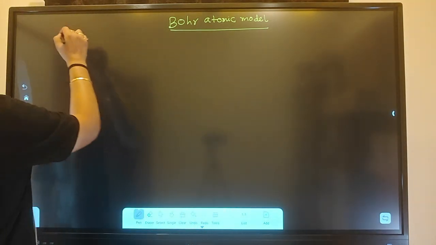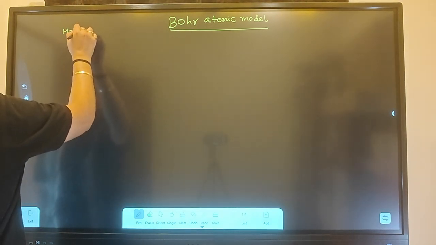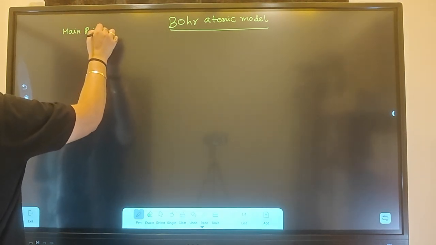The main points of the Bohr Atomic Model.